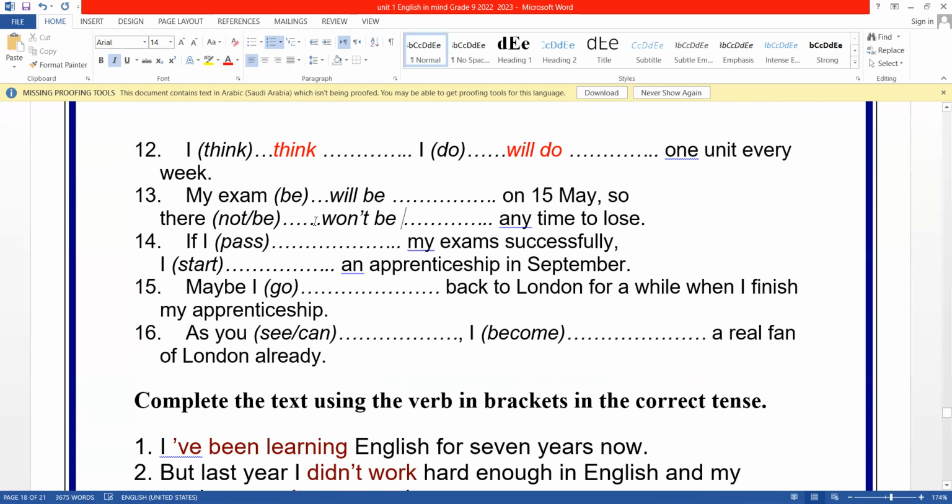Number 14, my exam will be, or you can say my exam is on 15th May. So there won't be, so there isn't, if you want to put them in the present simple.